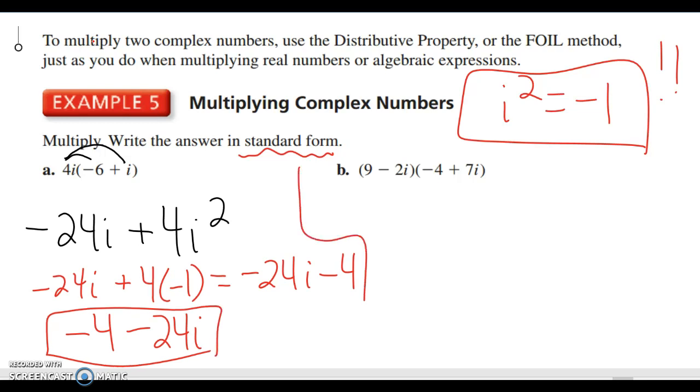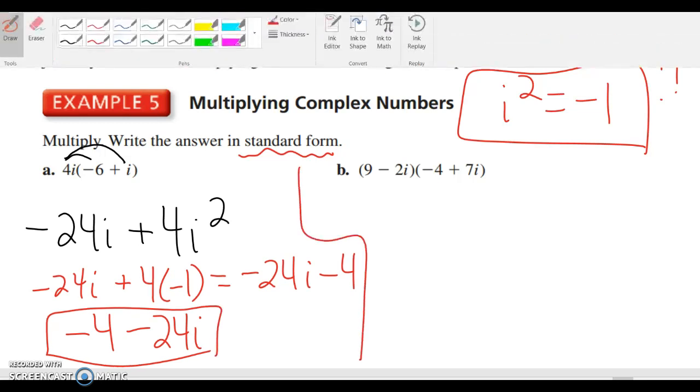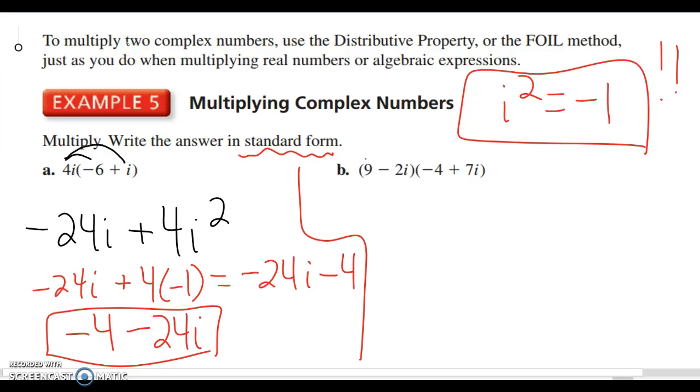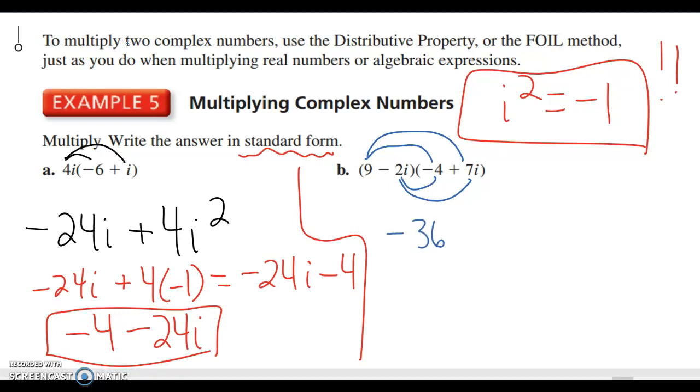And then if we try part B, we're just going to FOIL, just like we would if we were multiplying with x. So I'm going to multiply each of these parts. We'll get negative 36 plus 63i plus 8i minus 14i squared.